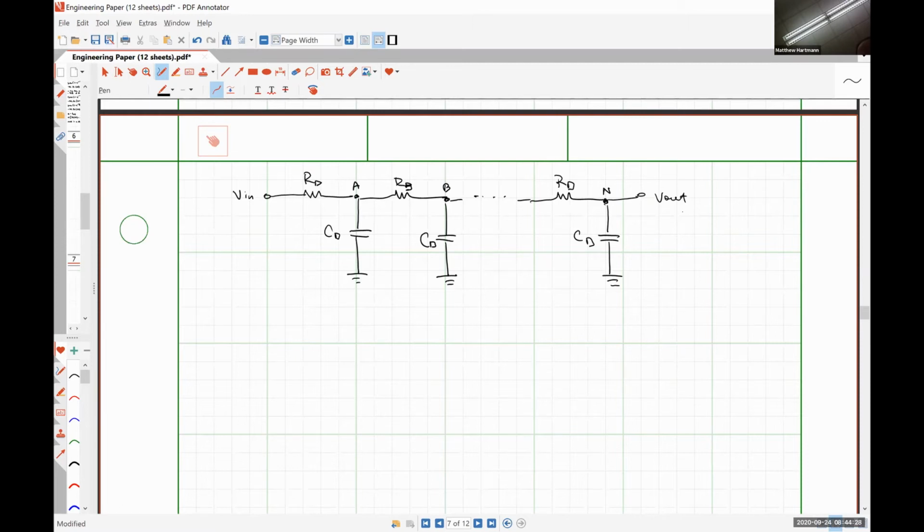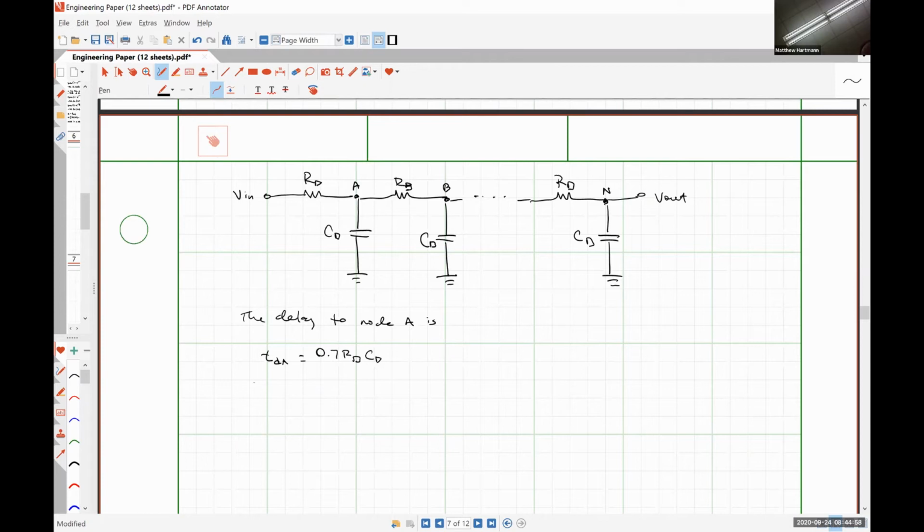So for this distributed case, the delay to node A, let's call it TDA, is just 0.7 R square C square, which is exactly what we would expect based on our simple model, all right?